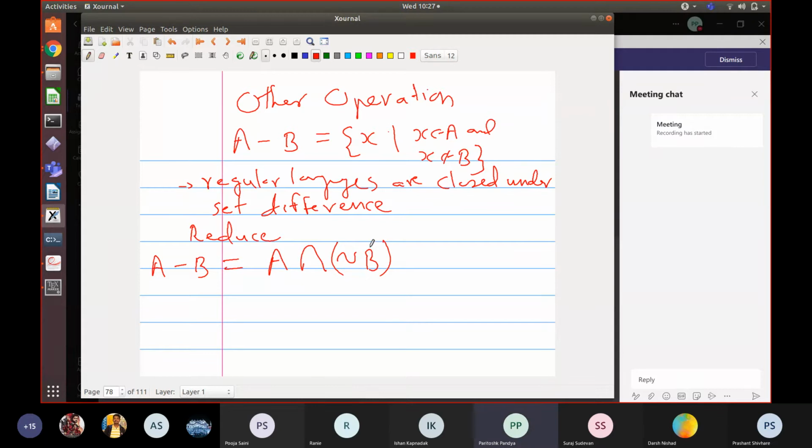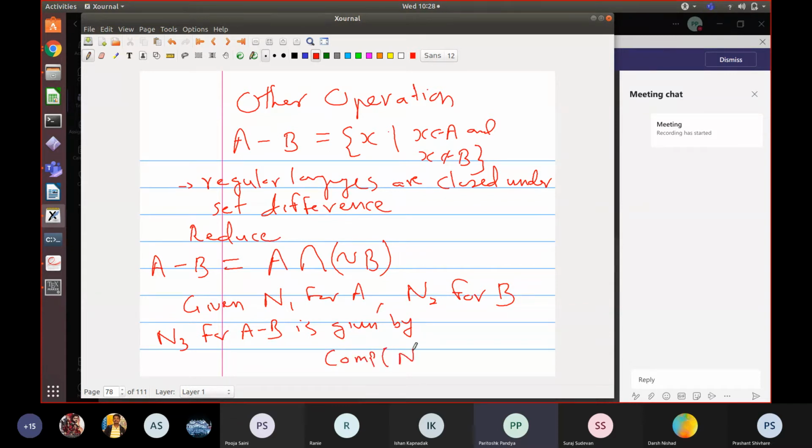Now we already know, given an automaton for B, how to construct an automaton for the complement of B. So with N1 for A and N2 for B, we can construct an automaton for A minus B. N3 for A minus B is given by: you first take the complement automaton of N2, which will give me the complement of B. Then I will take the product.